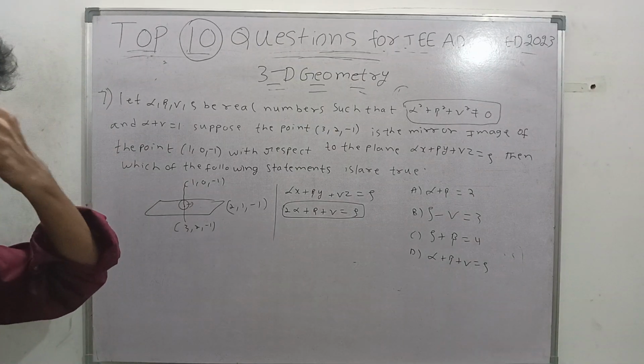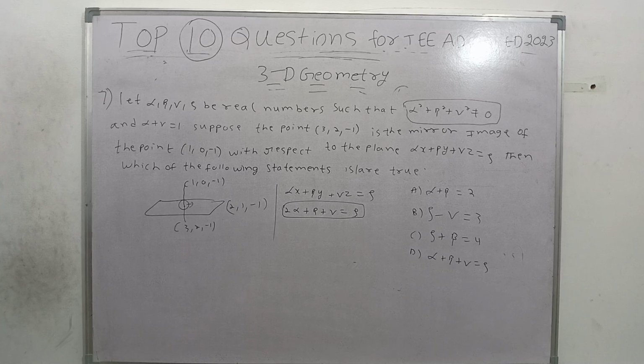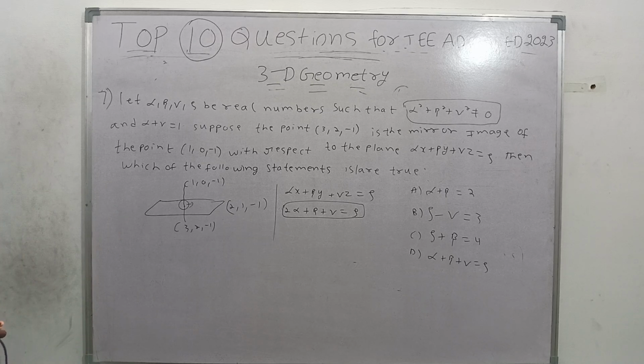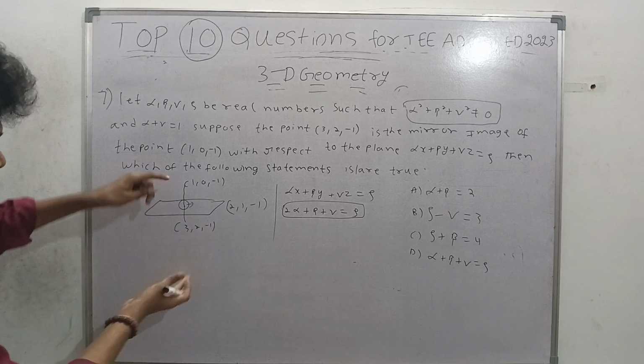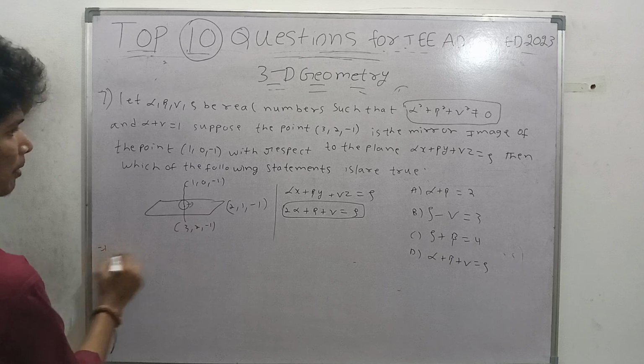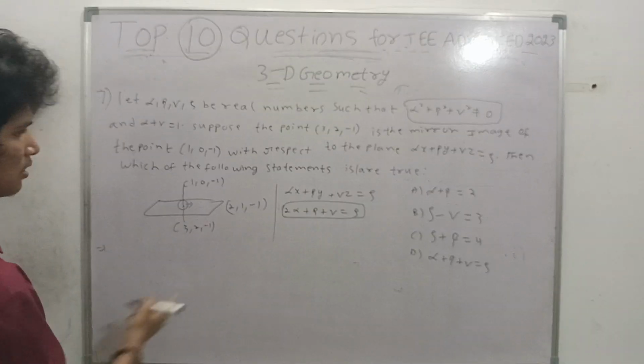And after finding this relation, what else can we think here? I can make the DRs. The DRs of this line will be proportional to the DRs of the plane.